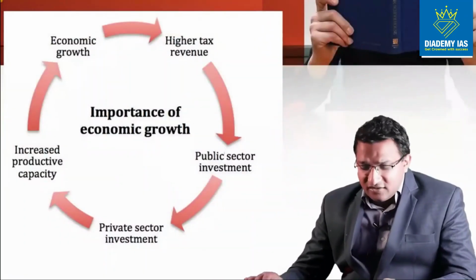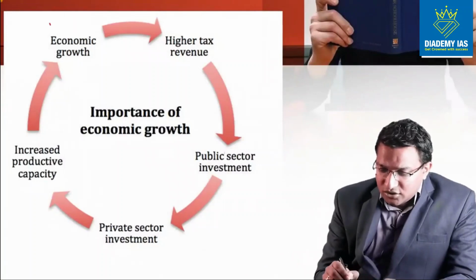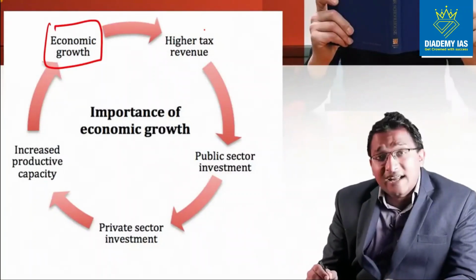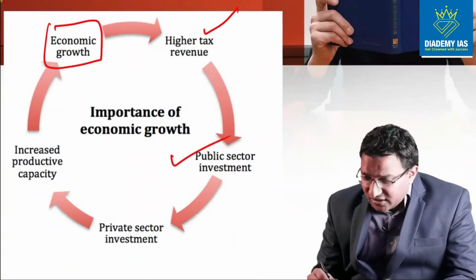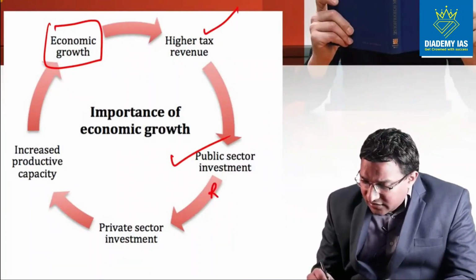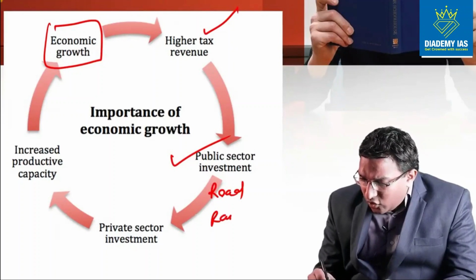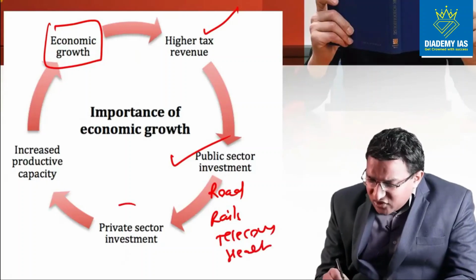Now here we can see economic growth means there is high tax revenue, more public sector investment, so the government will be investing in roads, railways, telecom, health, education, right? The private sector investment will also increase.